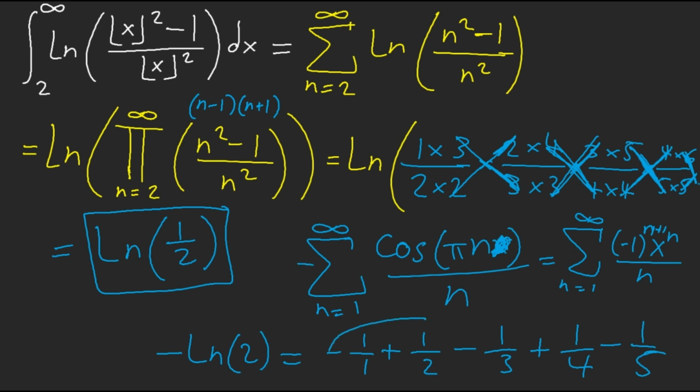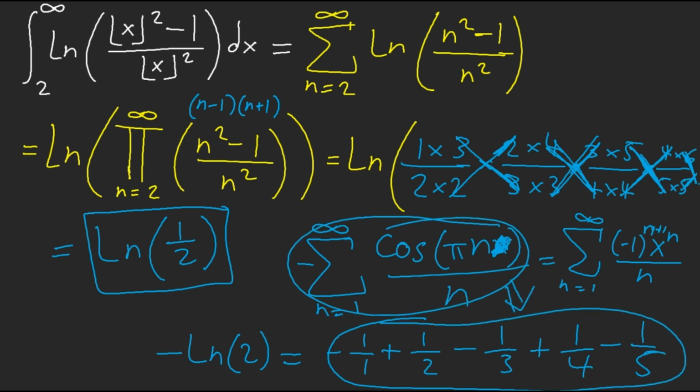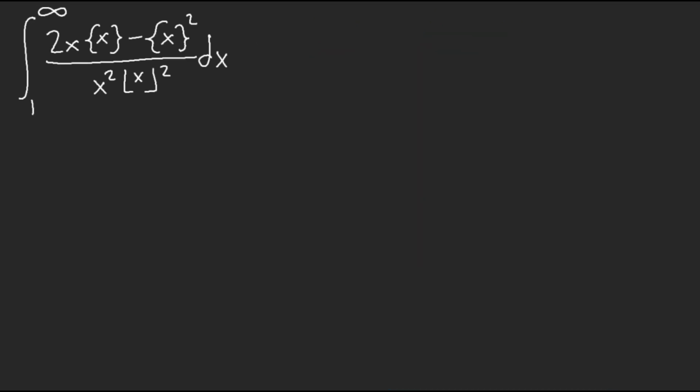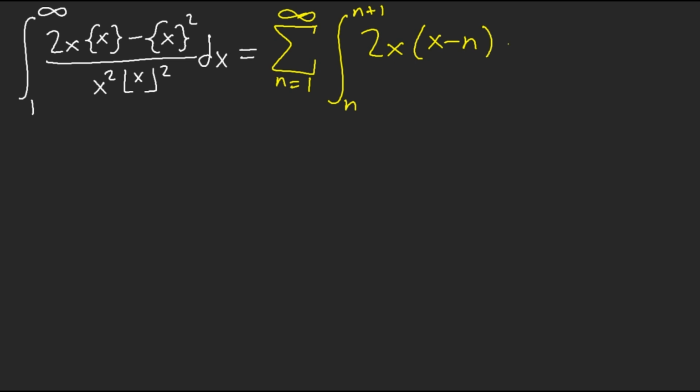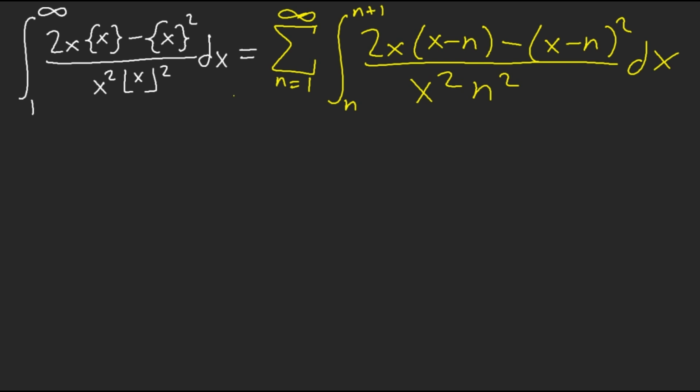So again, like I said, if you're given something weird, express it in terms and see if something looks familiar to you. Don't let it intimidate you. Just immediately turn it into a sum, n equals 1 to infinity, integral from n to n plus 1 of 2x(x minus n) minus (x minus n) squared, x squared, n squared dx.